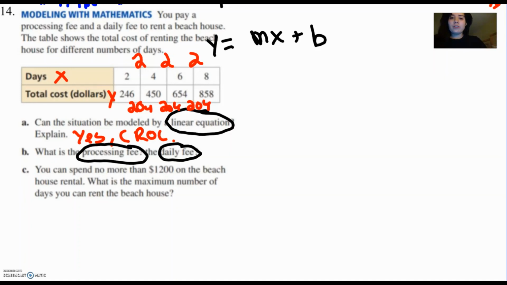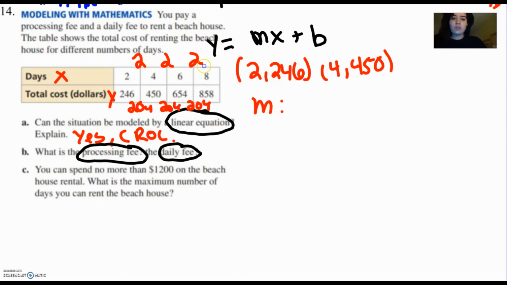So all we're going to do is take two sets of points, 2 and 246, and 4 and 450. We're going to find our slope, which we already know is going to be 204 over 2, which just equals 102.